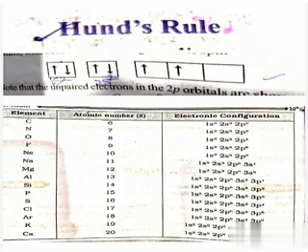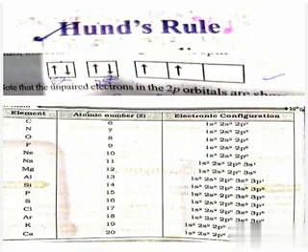This 1s2, 2s2, 2p3 is the electronic configuration of nitrogen. What about oxygen? 1s2, 2s2, 2p4. Same like this we can write. Fluorine: 1s2, 2s2, 2p5. Neon, atomic number 10: 1s2, 2s2, 2p6.